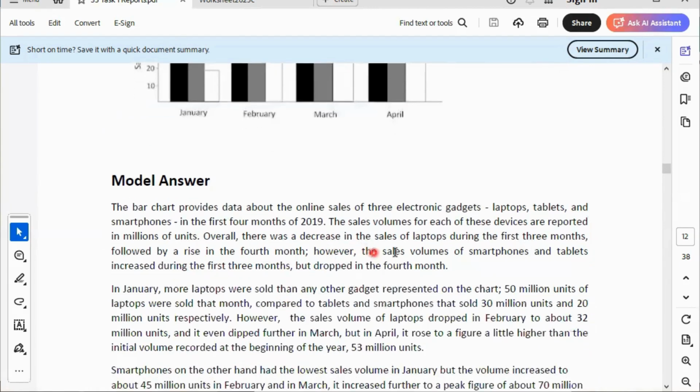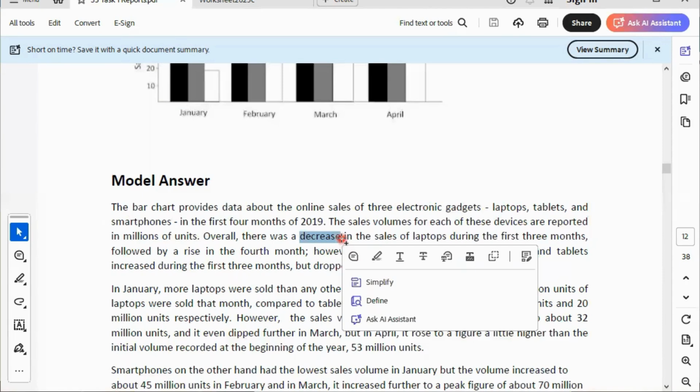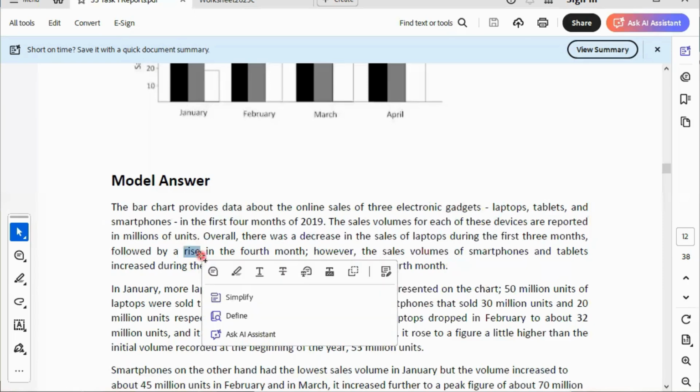However, the sales volumes of smartphones and tablets increased during the first 3 months, but dropped in the fourth month. Can you see overall? Very straightforward. The overall gives us a general picture of what is on the chart. So you see the language of trend used there. There was a decrease, language of trend, followed by a rise, language of trend, and then increased.